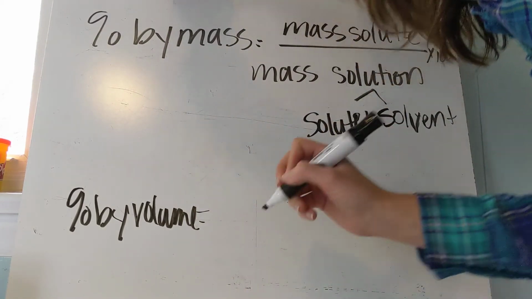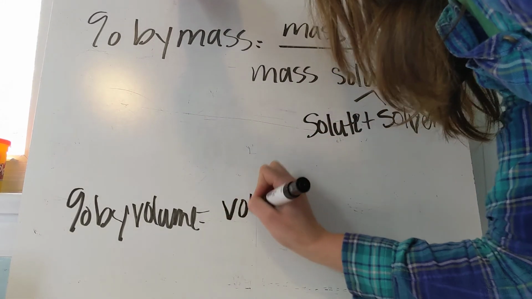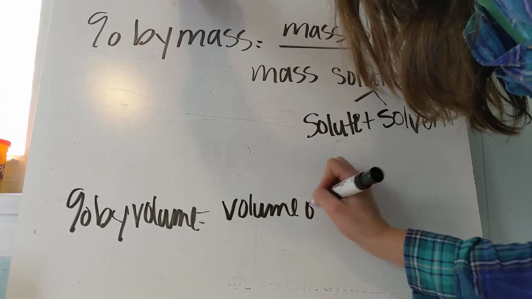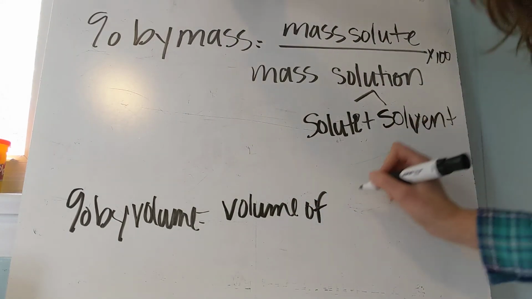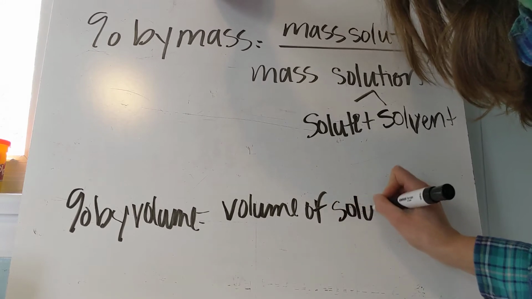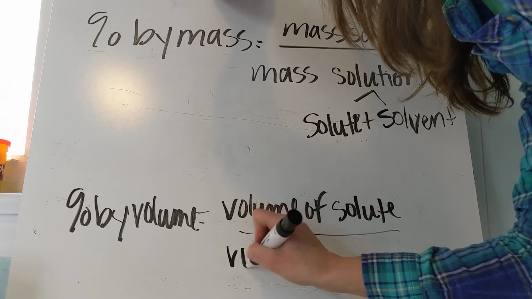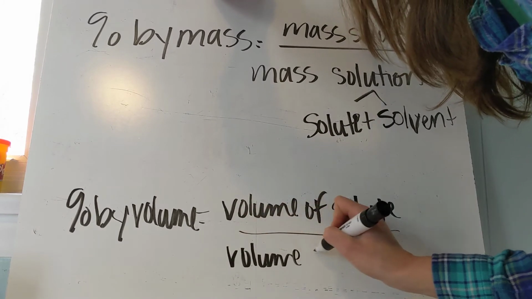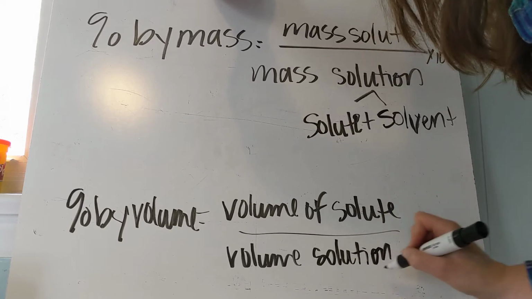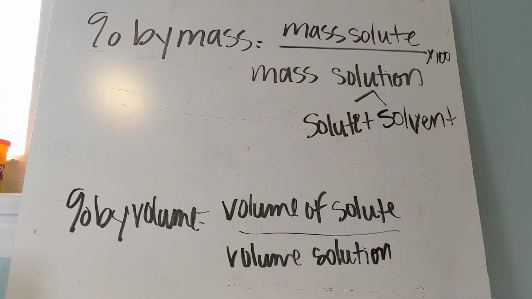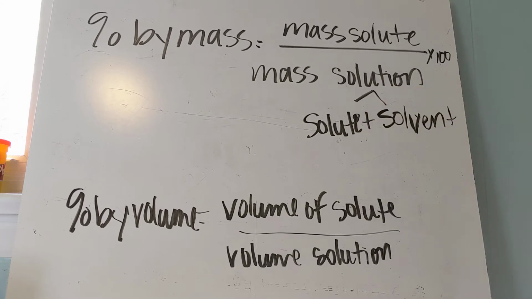Okay, so just like with percent by mass, I'm going to have the volume of my solute divided by the volume of my solution. Again, with my solution, knowing that it can be made up of my solute plus my solvent.